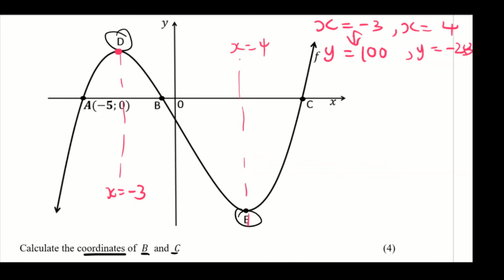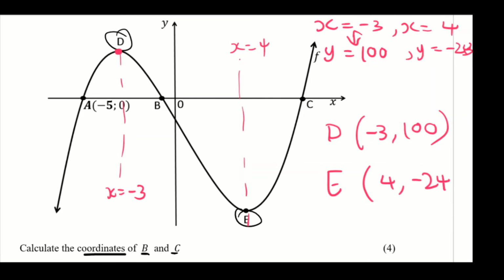So we can confirm now that the coordinates for D would be minus 3 and 100, and the coordinates for E would be 4 and minus 243. So these are the coordinates of D and E.